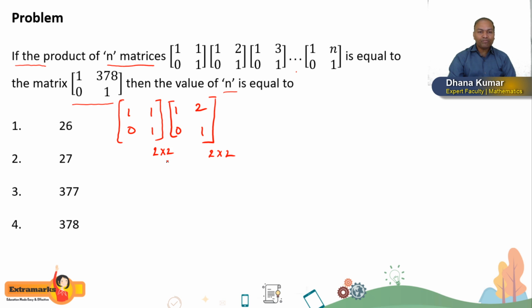If the number of columns in the first matrix is equal to the number of rows in the second matrix, then we can say that matrix multiplication is possible.